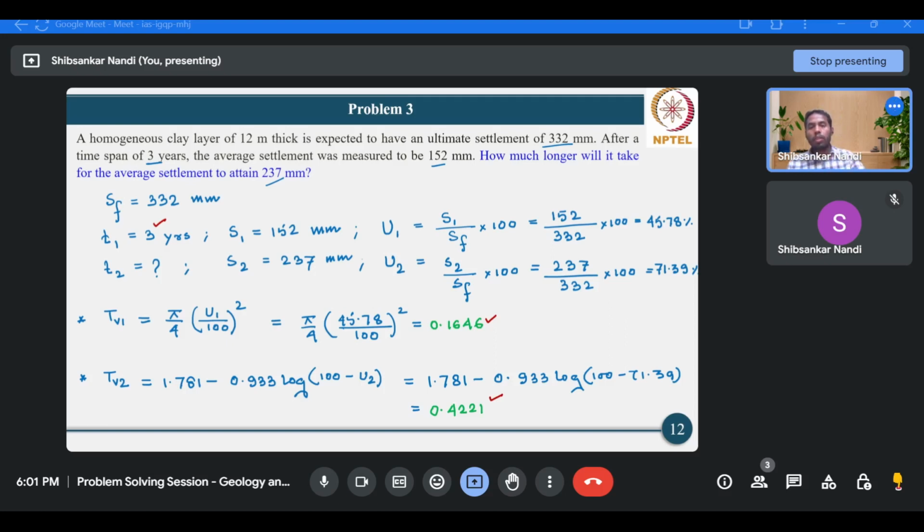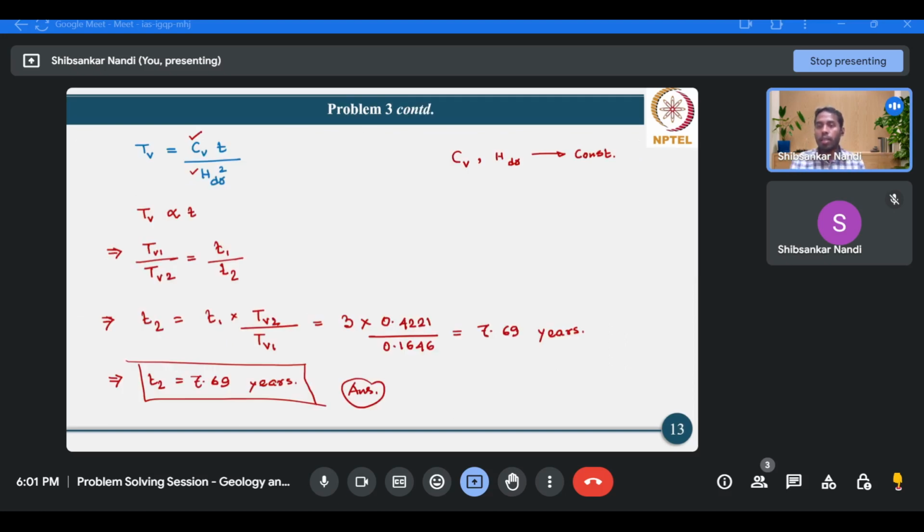Then from the relationship between TV, CV, t and H dr square, we found that the time factor is proportional to time, since the CV and H dr are constant for the given layer. The coefficient of consolidation remains the same for the soil, and the drainage path distance also remains the same.